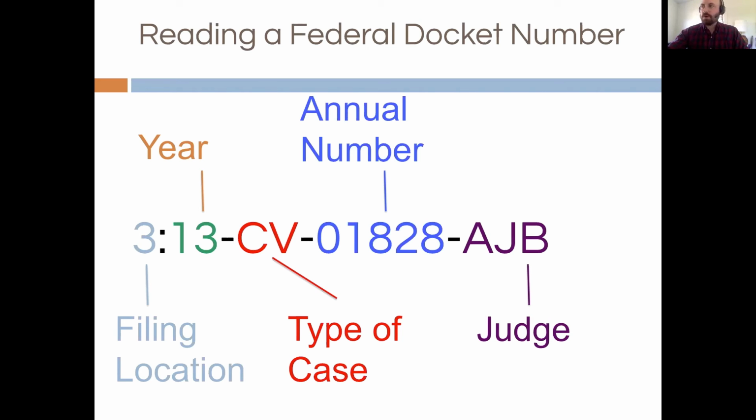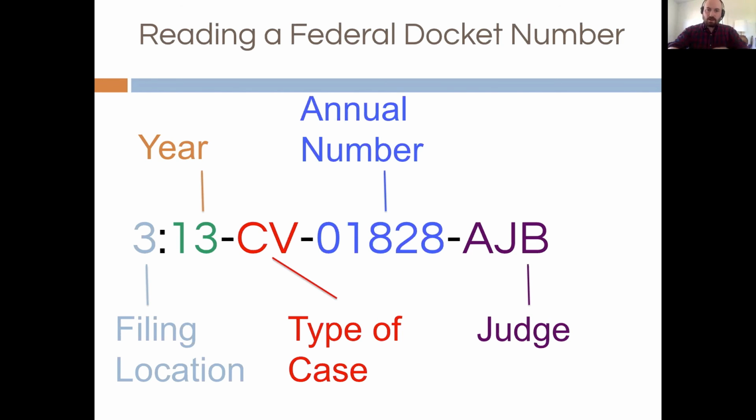The year number and the annual number are the two most important to identifying and locating a case. And so here we see, this is the 1,828th case filed in 2013. And that's going to be the unique information associated with it. And then the last 3 letters you see, that's the judge's initials that the case has been assigned to.